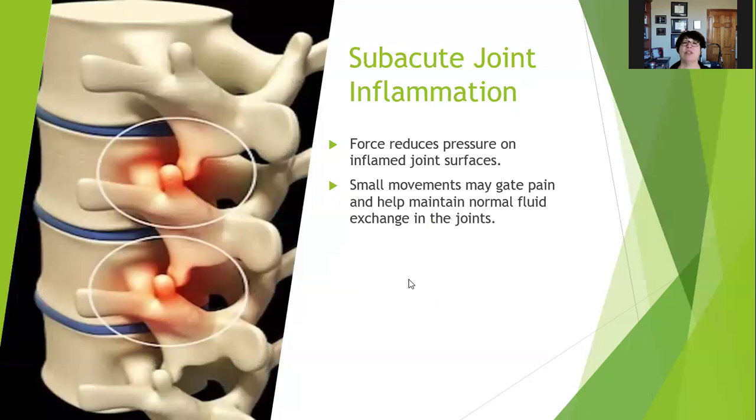Subacute joint inflammation, the traction force reduces pressure on the inflamed joint surfaces. So if you have joint inflammation in your facet joints because you have arthritis, if you do intermittent traction, the small movements may gate pain and help maintain normal fluid exchange in the joints. That can be helpful.